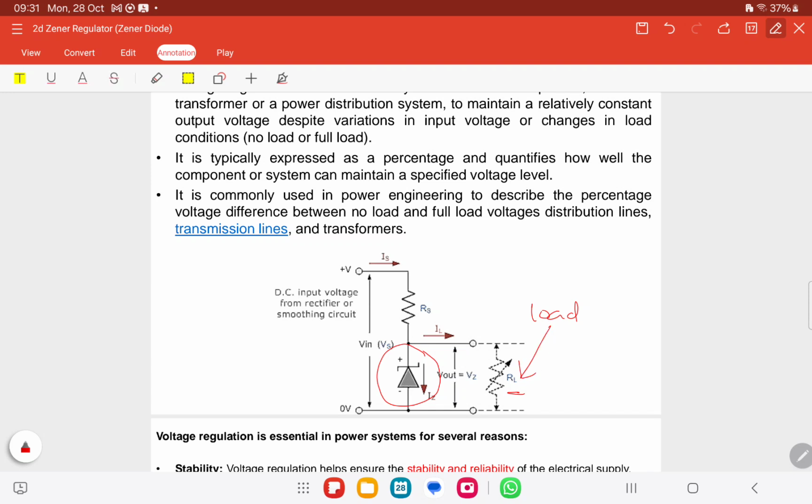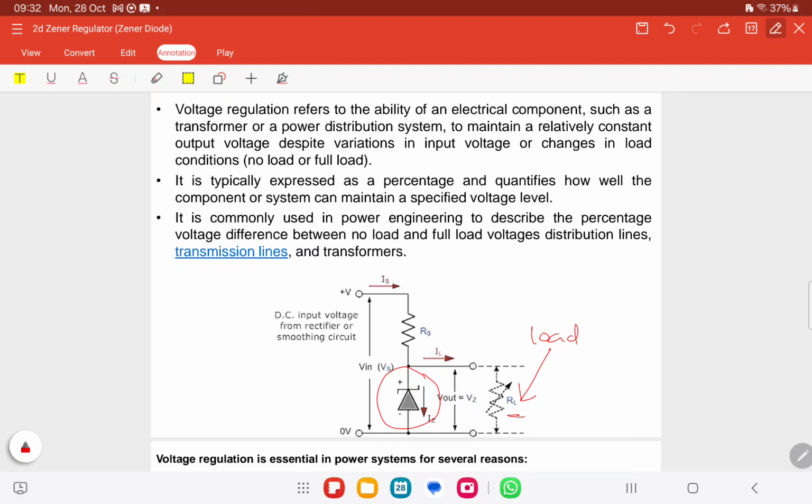And for voltage regulator, dia punya efficiency is V no load minus V full load over V full load, this whole thing multiplied by 100. That one is the voltage regulation percentage.